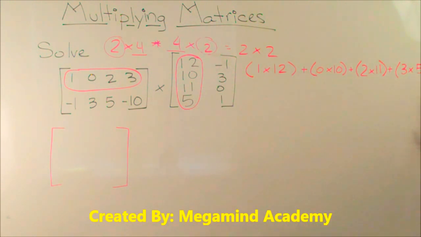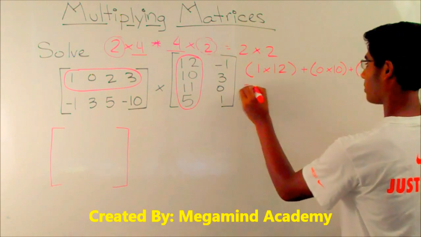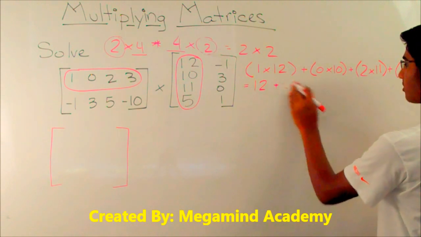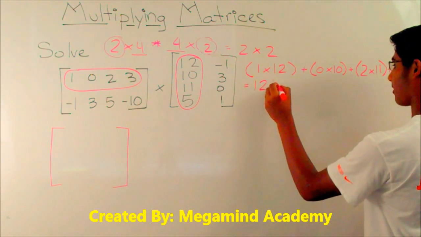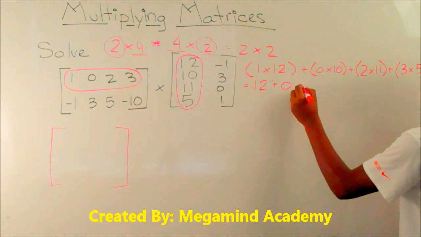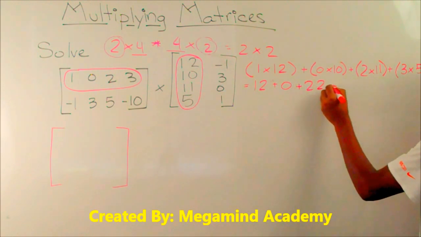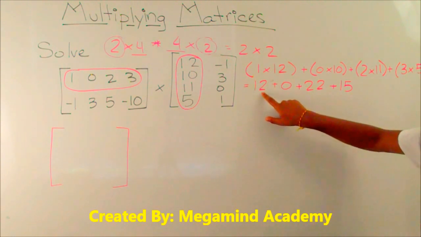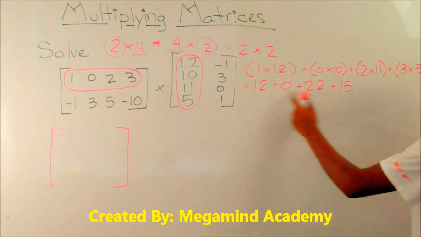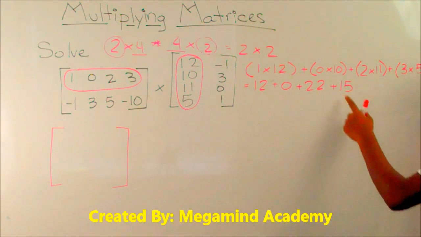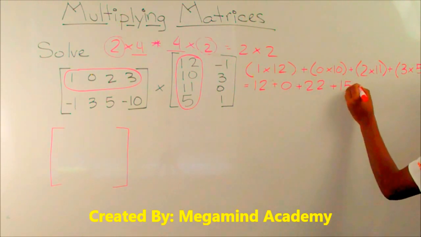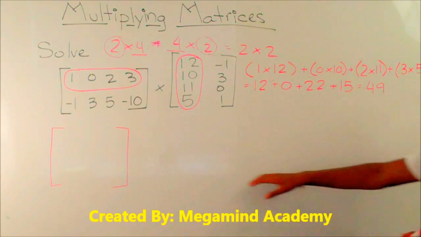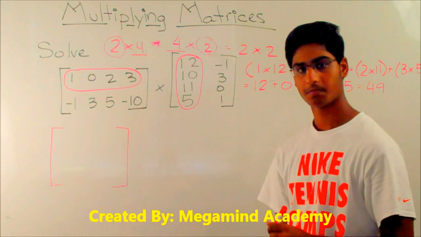When we add these together, we get 12 plus 0 plus 22 plus 15. So 22 plus 12 becomes 34, plus 15 is equal to 49. But where in this matrix does 49 go?